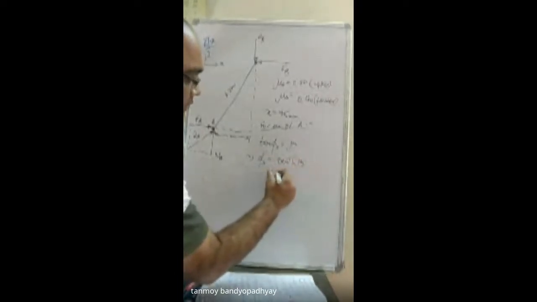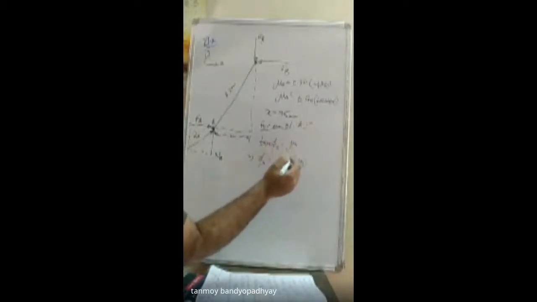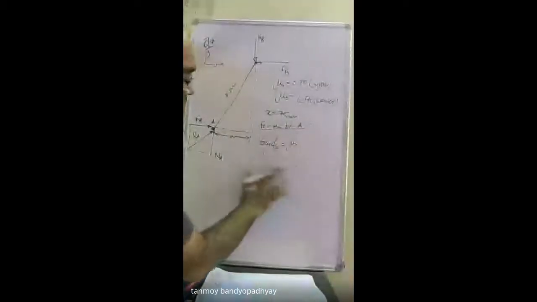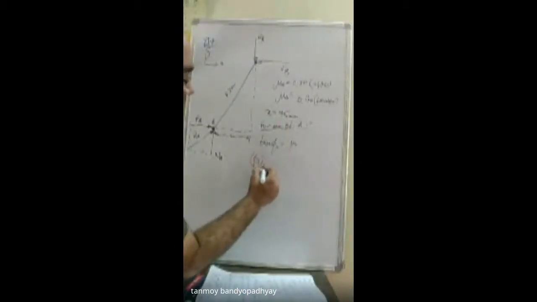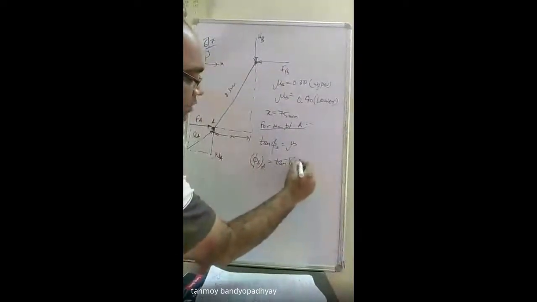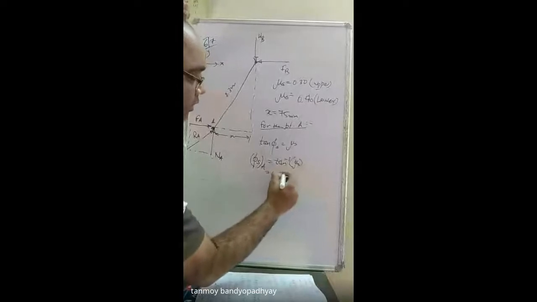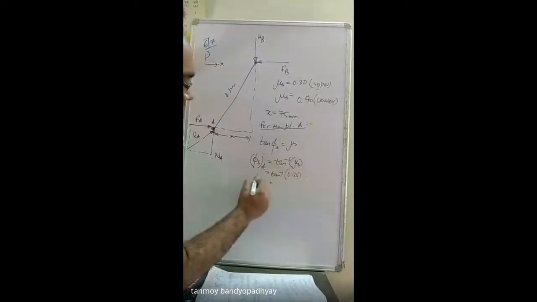Let's call it phi s A, the angle of static friction at the point A. That is equal to tan inverse of mu s. Mu s is given to be 0.30. Find out what the value of phi s A is. Calculate this.